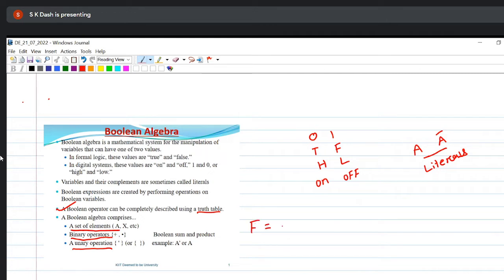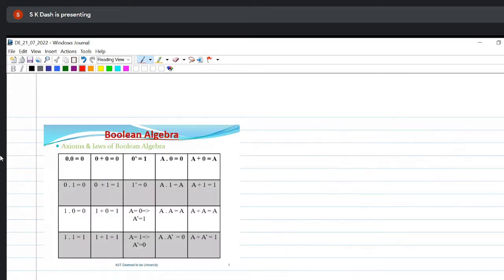One expression can be, suppose, a dot b plus a bar dot c. F can be (a plus b) dot (a plus b bar plus c). F can be a complement only. So any kind of expressions are possible.